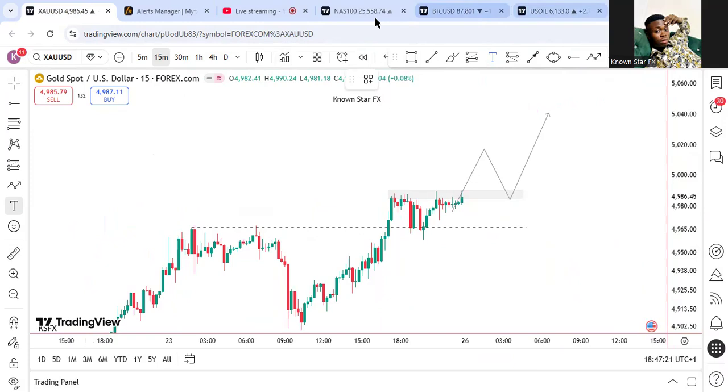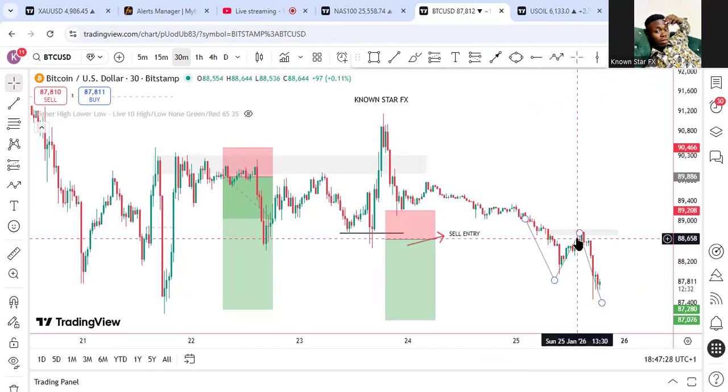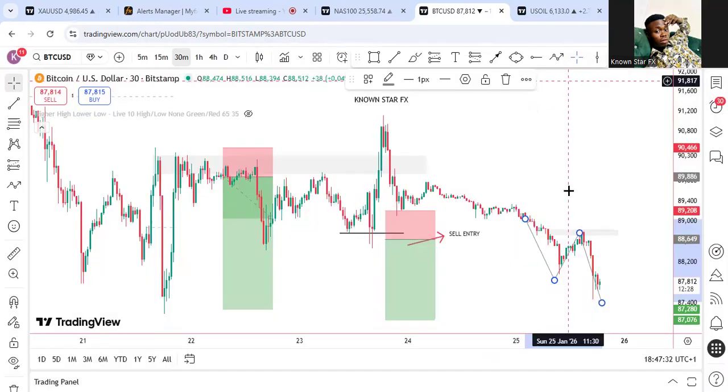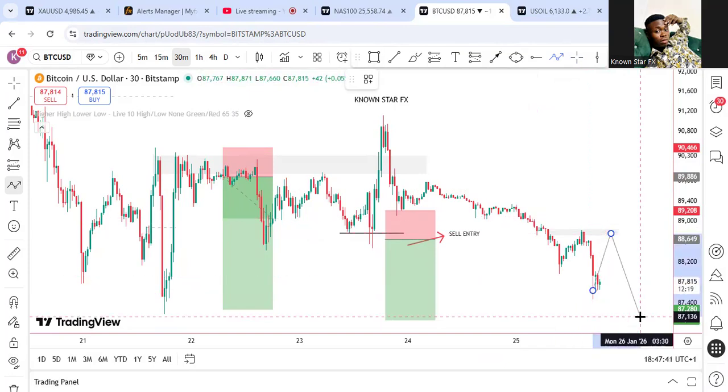For BTC, we still need to stay very, very calm. I think to get any signal on BTC right now, the chances are high that BTC might correct back to this level, giving some kind of equal high at this level and still reject.